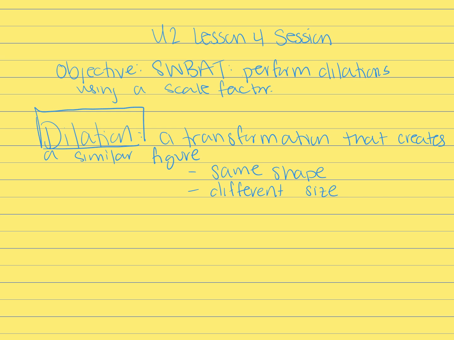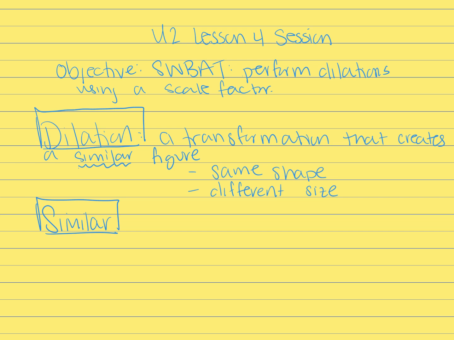Now, in math, similar means something very, very specific. So I'm going to give you the definition of similar. Put that in a box. In order for shapes to be similar, it can't just be any two triangles, right? In regular life, we might say, oh, yeah, all triangles are similar. They all have three sides. But in math, it's got to be very, very specific.